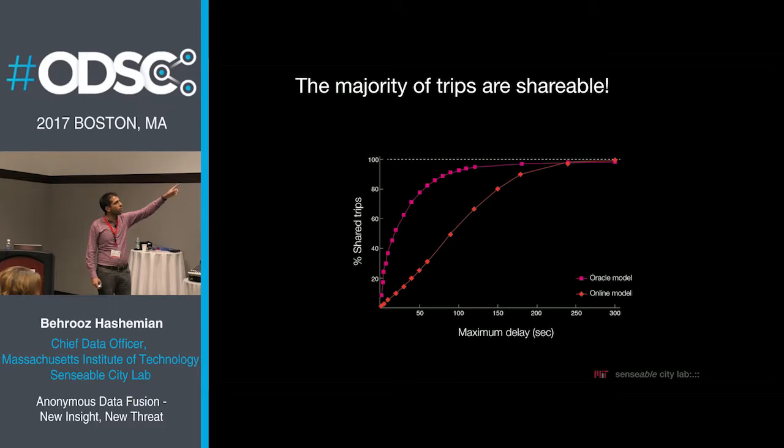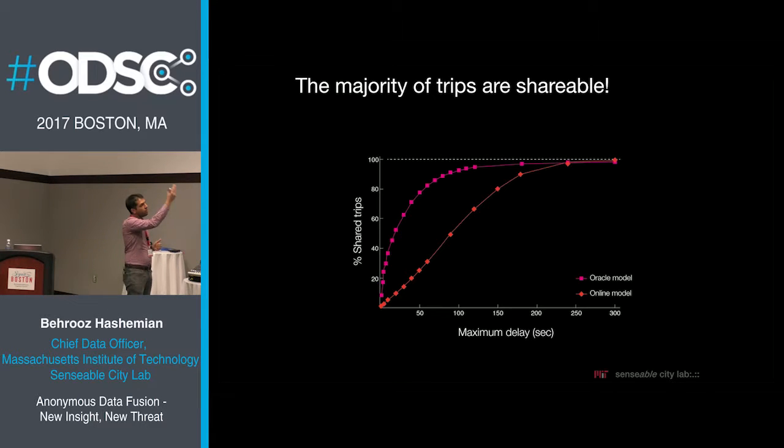And these two plots: the upper one is the Oracle one, about when you know everything about these trips. It's not predicting, we have the data, we know where people are going, and we try to match and share their rides. But the other one is the online model, like what Uber Pool and Lyftline are doing, putting people into one cab to share the ride.